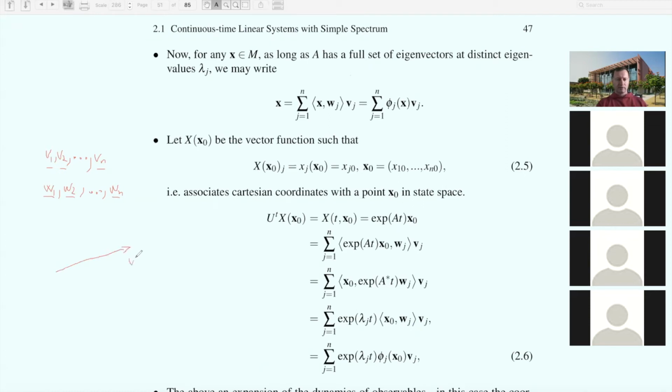To get a sense of how this works, let's say this is v1, and this is v2, and let's say everything is real. Then orthogonal to v2 I'll have w1, and orthogonal to v1, I'll have a w2.